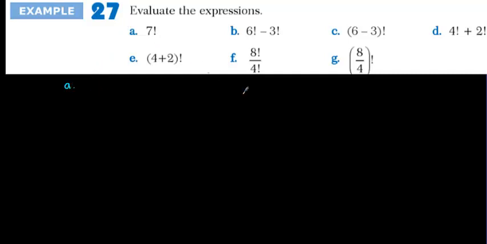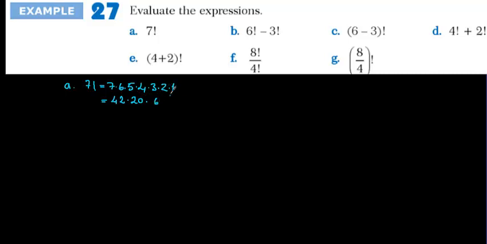7 factorial is equal to 7 times 6 times 5 times 4 times 3 times 2 times 1. Here 7 times 6 is 42, 5 times 4 is 20, and 3 times 2 is equal to 6.